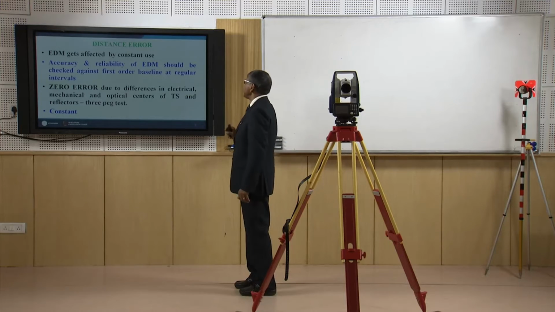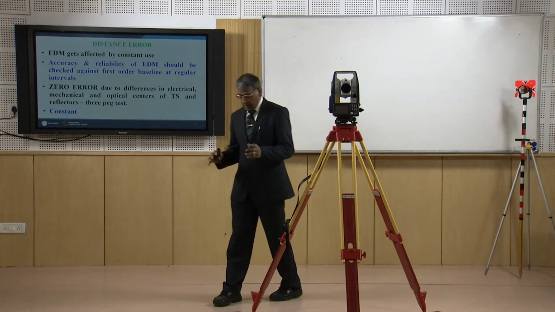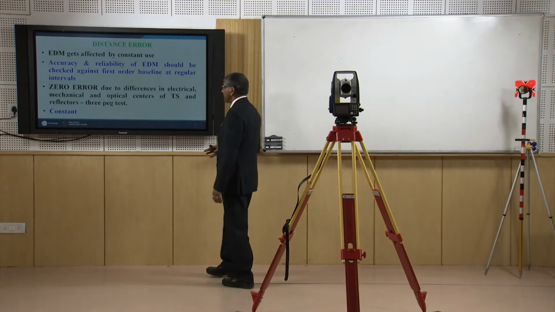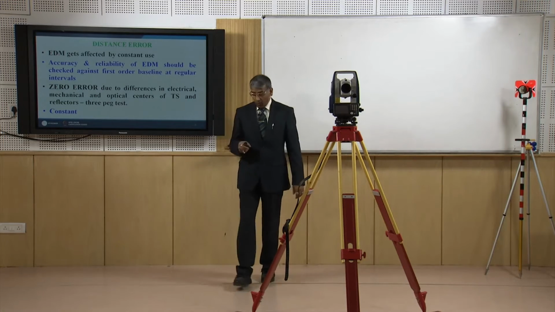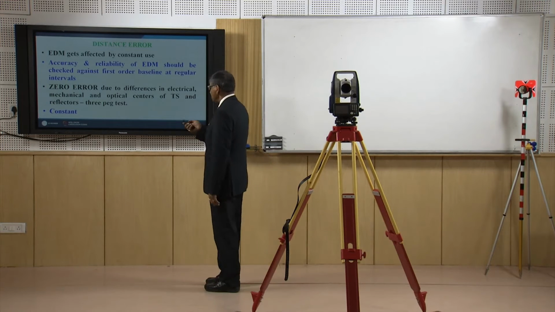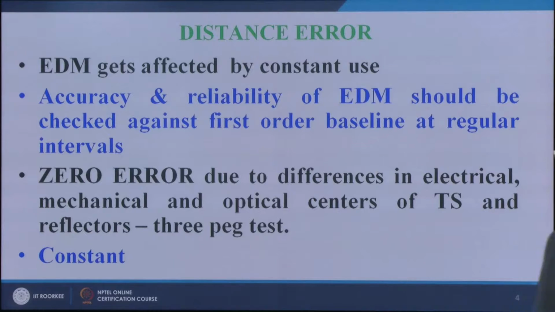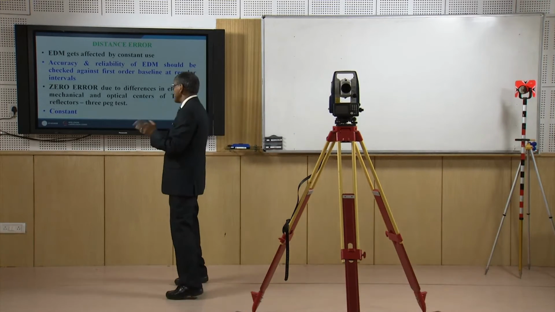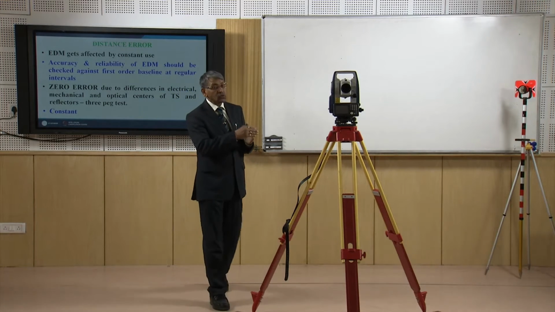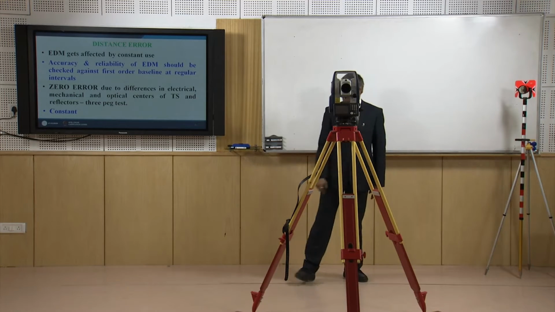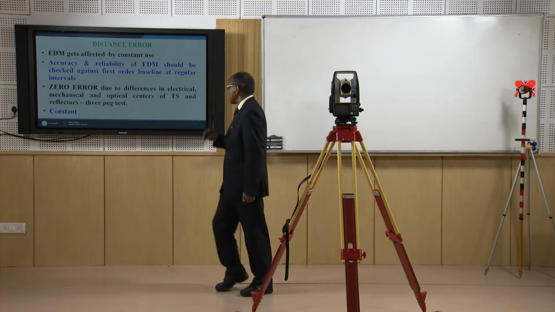Now there are different types of errors that we come across which lead to error in measurement of distance. One of the most prominent errors is the zero error. Now what is zero error? Actually this instrument has many centers, like electrical center, physical center or mechanical center, and when we make use of reflectors, then we have the optical centers.